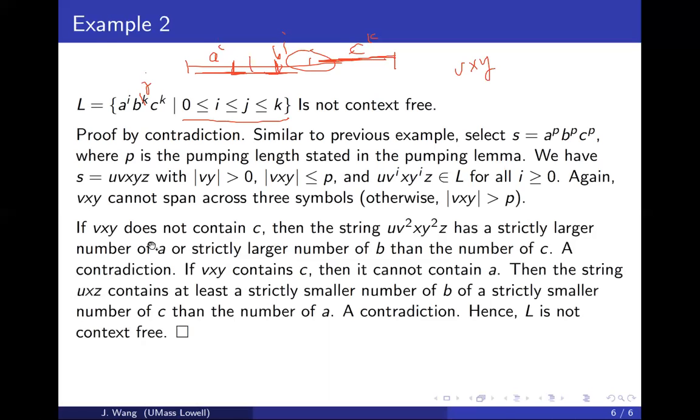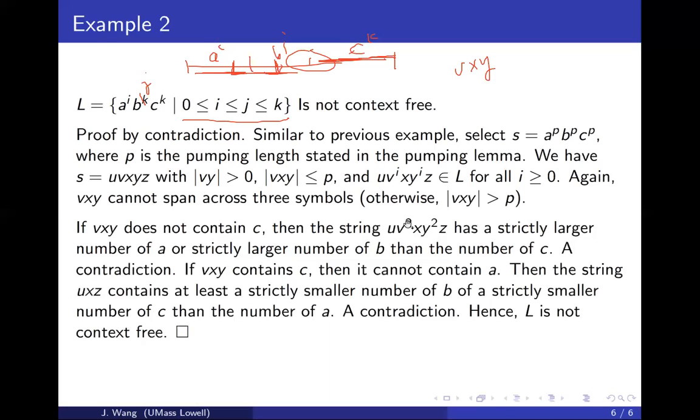Then we can make things easier by looking at whether VXY contains C or not. If VXY does not contain C, then we can pump it up. That means your VXY is either in A's, in B's, or in the cross section of A's and B's, so I can pump it up.